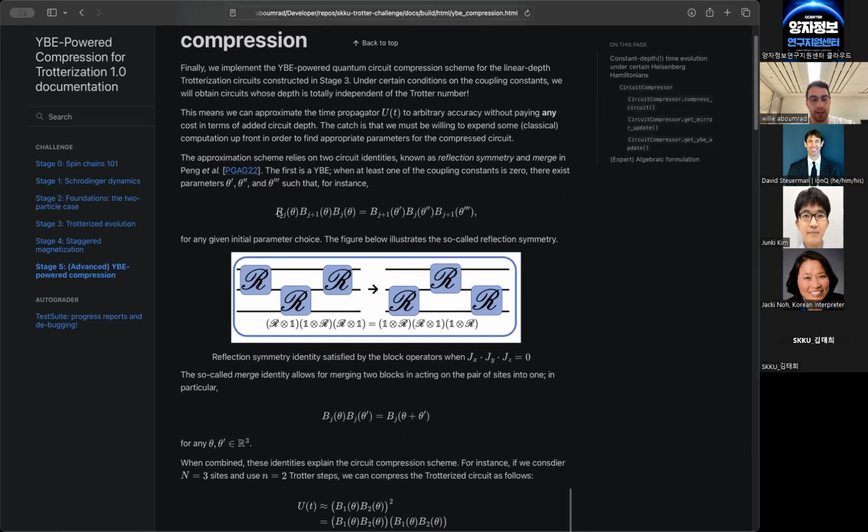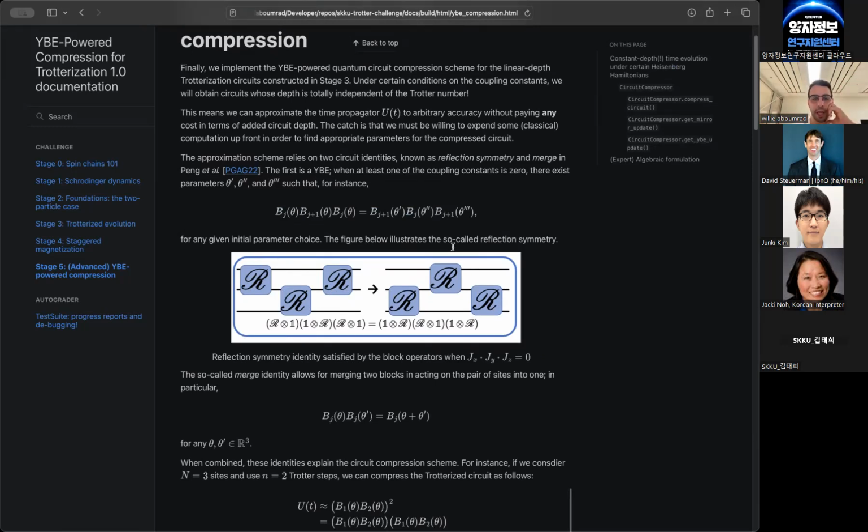So here's your parametric Yang-Baxter equation. It is a relationship between block or time propagation operators on different qubits. Symbolically or pictorially, it looks something like this. So it basically gives you a way to replace the arrangement of different blocks, right?